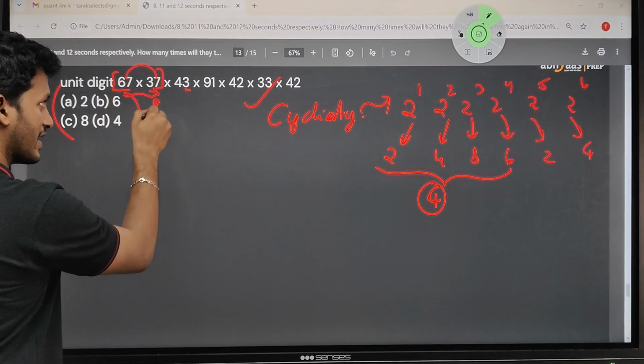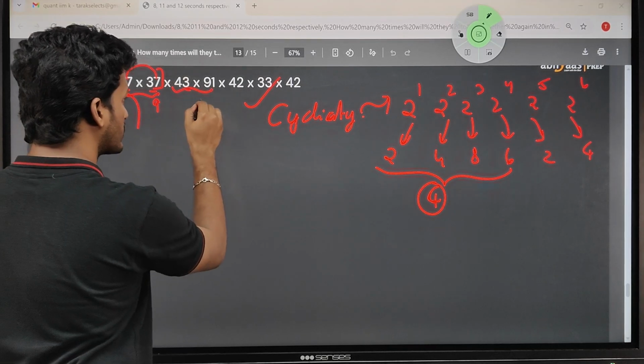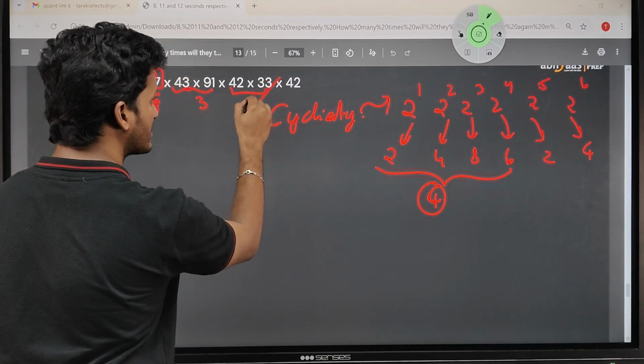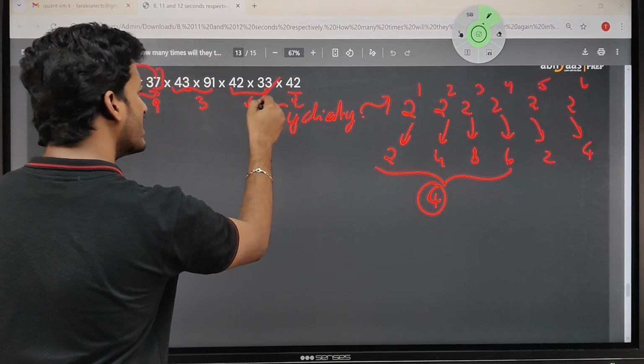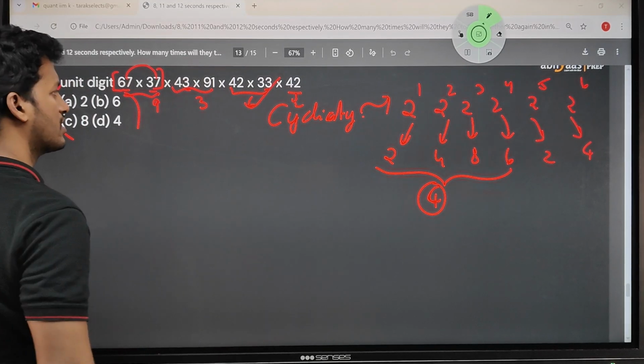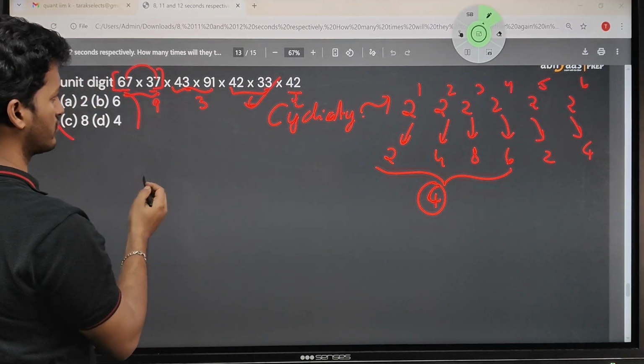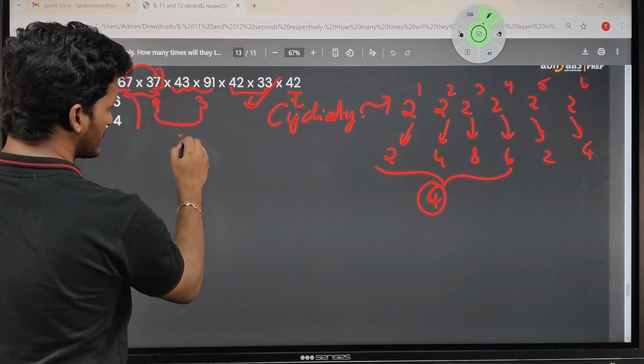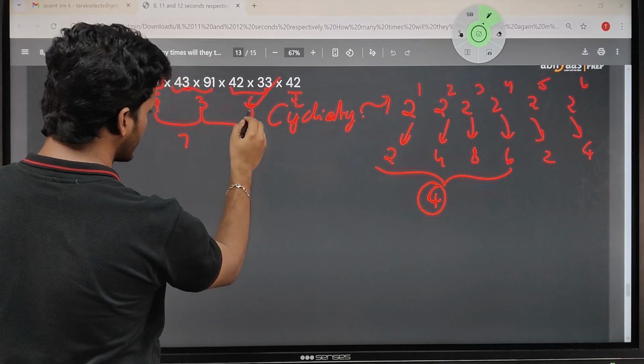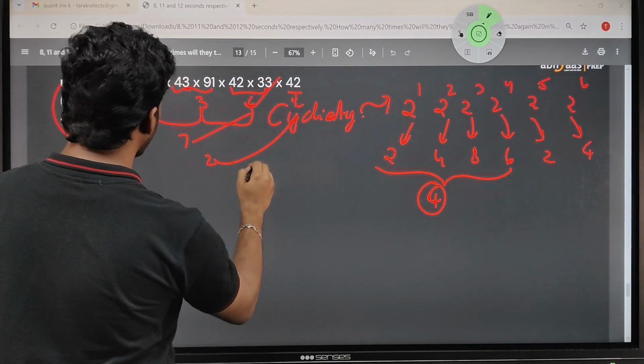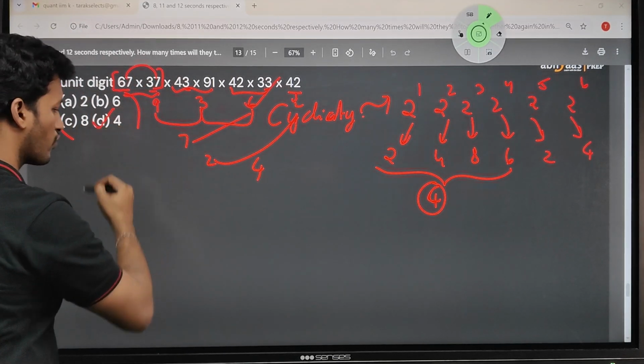So it will be 9. And the same case here also, it will be 3, and here it is 6, and it will be 2. Or you can do it continuously, as convenient for you. 9 into 3 is 7, and 6 into 7 is 2, 2 into 2 is 4. So the answer is 4 here.